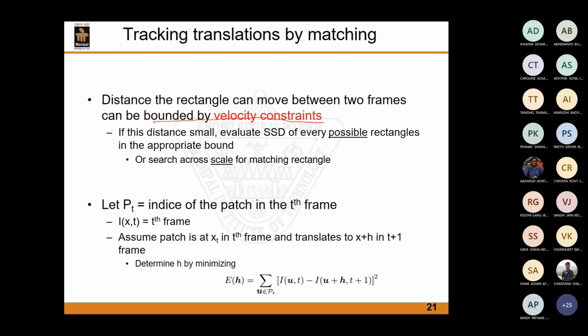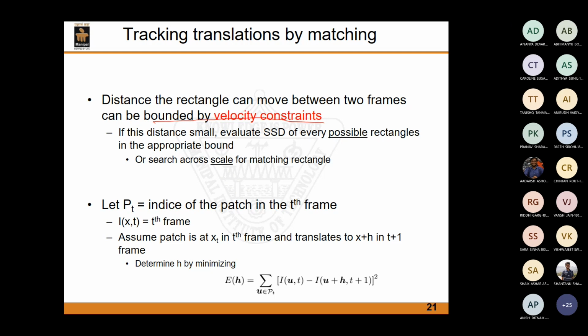How that helps is that we need not search the whole of the next image frame. You can just bound that within particular velocity constraints and look only within that particular neighborhood.